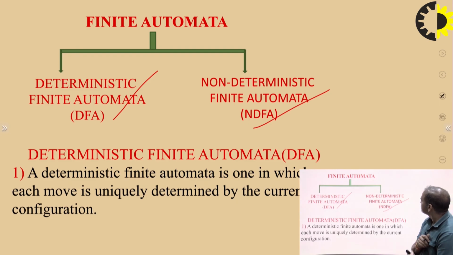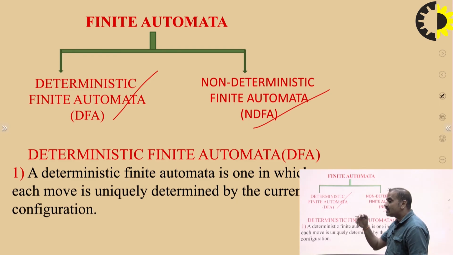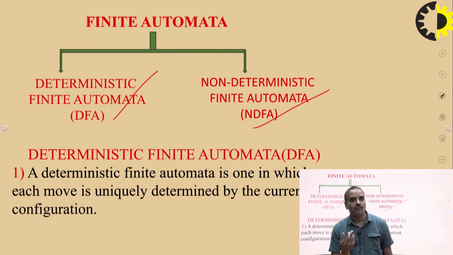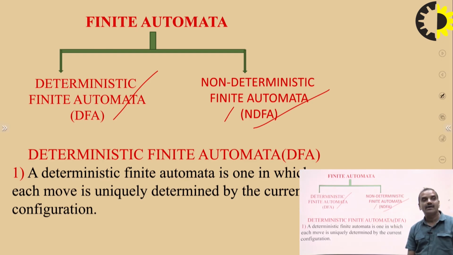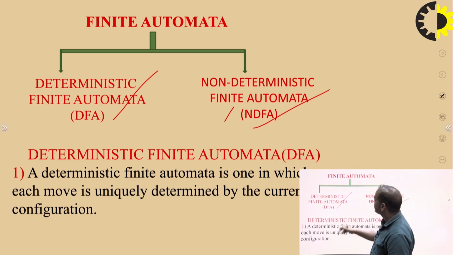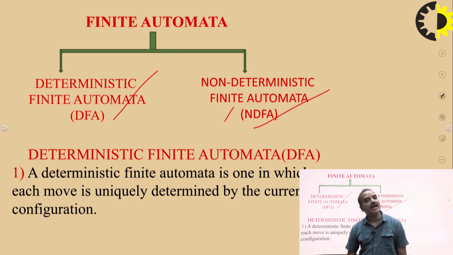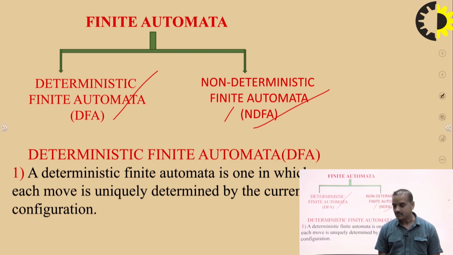Non-deterministic means if the machine goes to a number of states after taking one input in the present state, then that machine is called NDFA. NDFA means a number of moves, that means a number of next states. But in case of DFA, there is one and only one move.